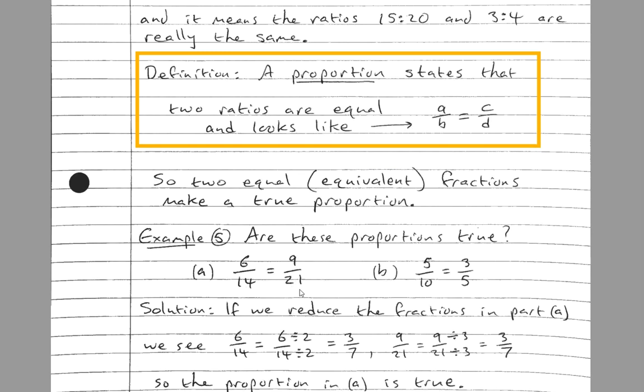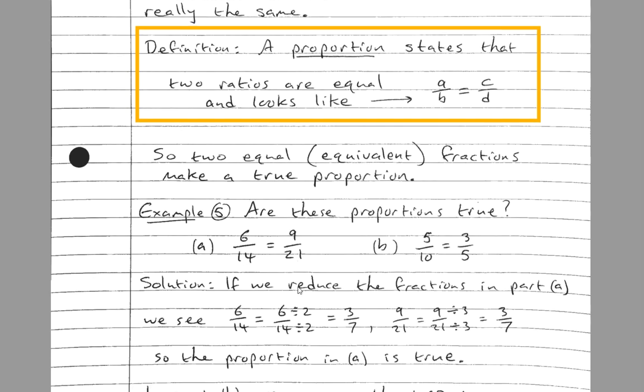One way to check is to simplify both fractions and see if we get the same thing. Well, 6 over 14 has a common factor 2 we can cancel, so that simplifies to 3 over 7. And 9 over 21, canceling 3s, simplifies to the same fraction. So this first one is a true proportion.